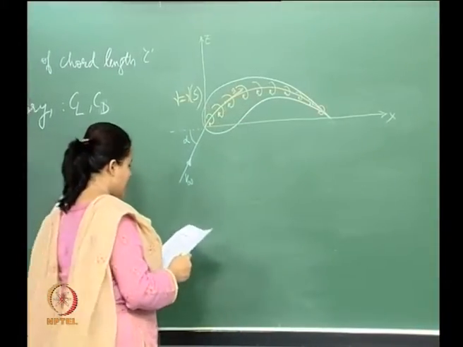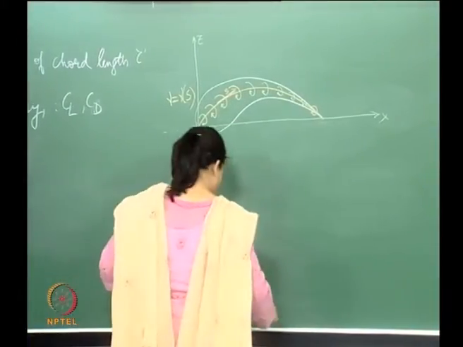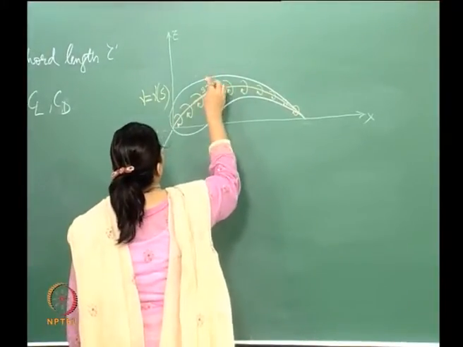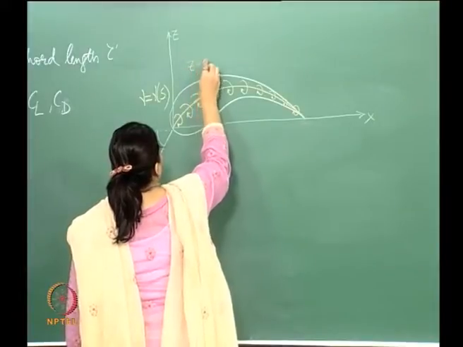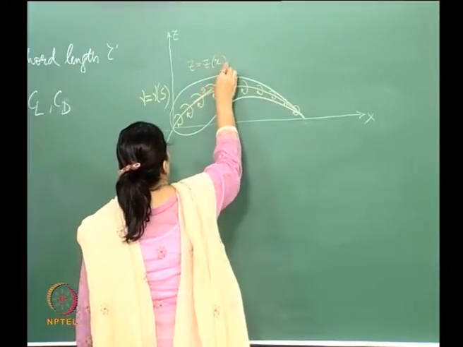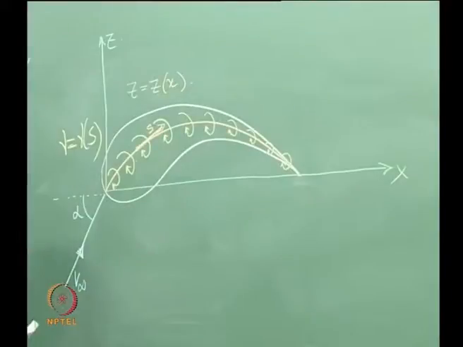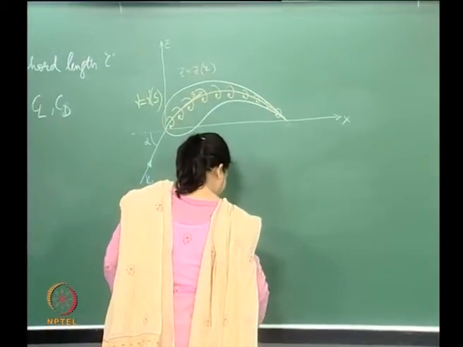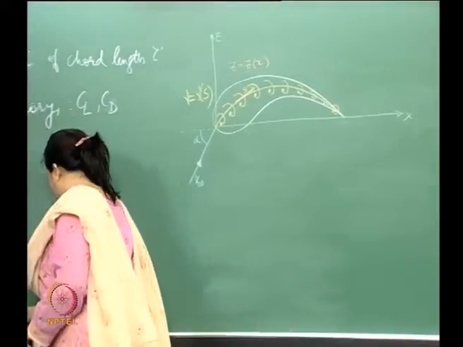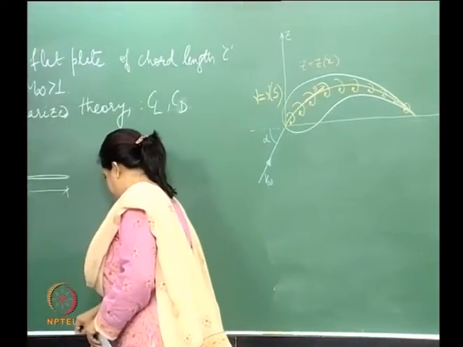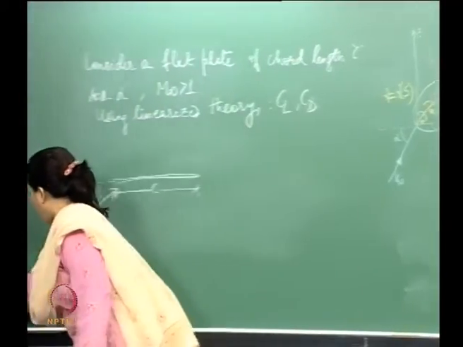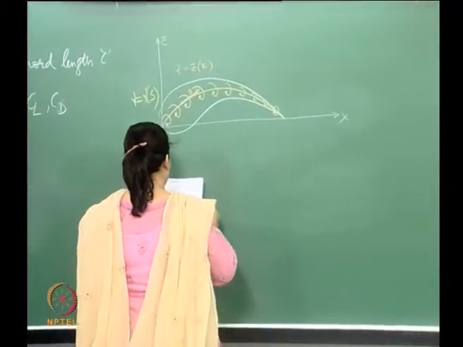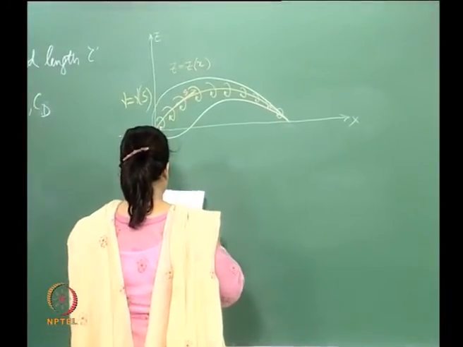Let's say the curve out here is given by this, and also at a particular point.